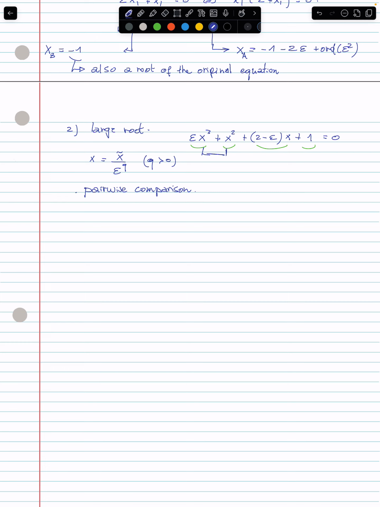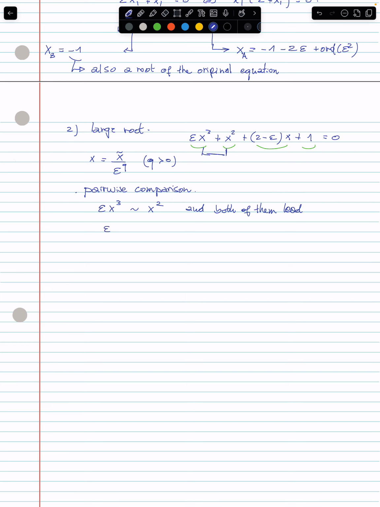And if we say, for instance, let's assume that epsilon x to the third has the same order of magnitude as x squared, and both of them lead, meaning that they are at least 1 order of magnitude larger than the other remaining terms, or I should say rather that no other remaining term is larger than these guys. So what do we have?